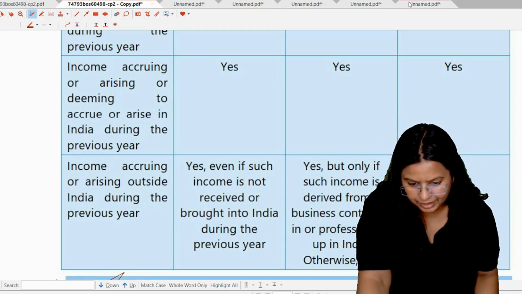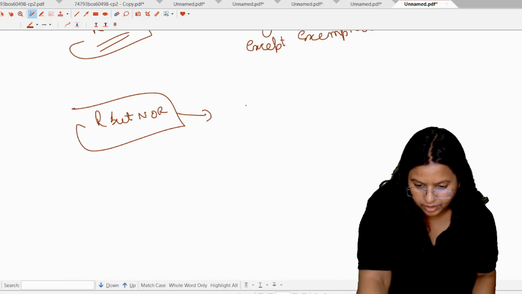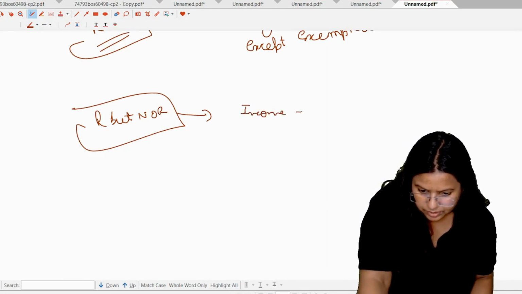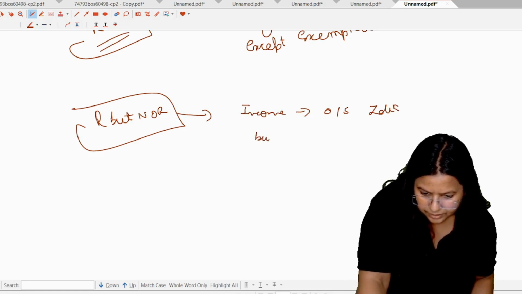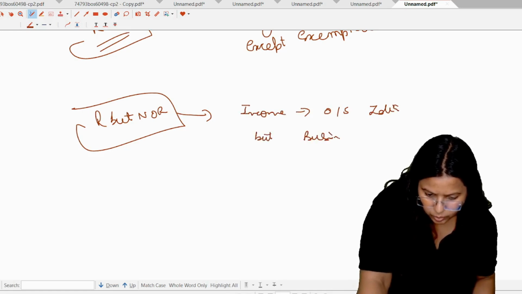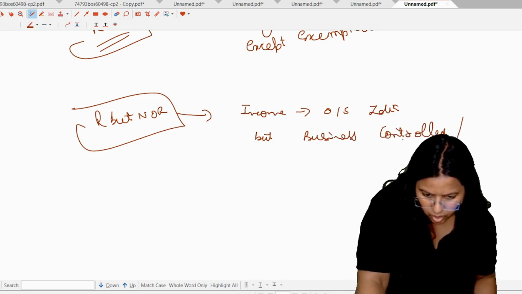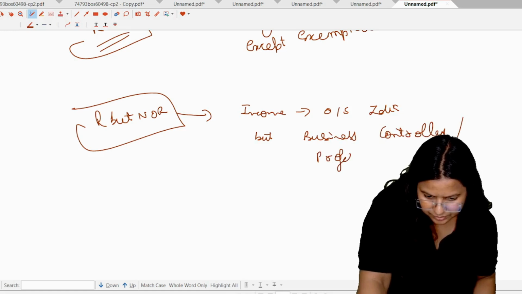Write it down. R but NOR: income accruing outside India, but business controlled or profession set up in India.